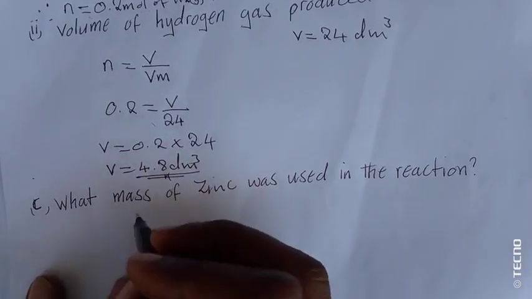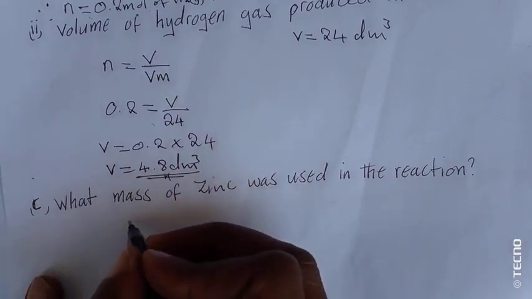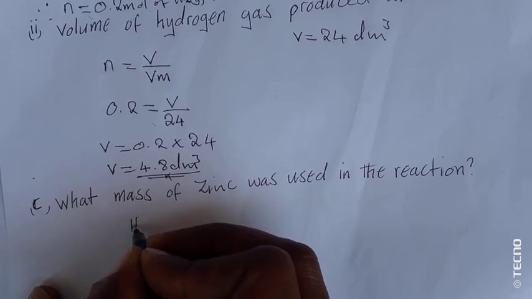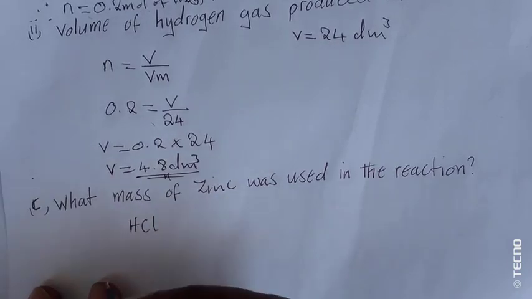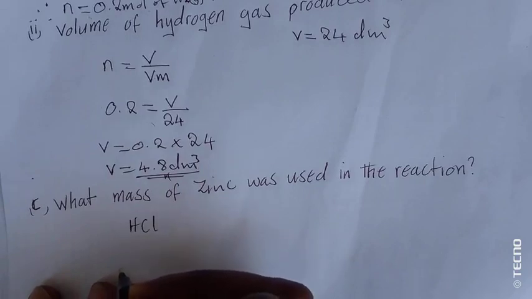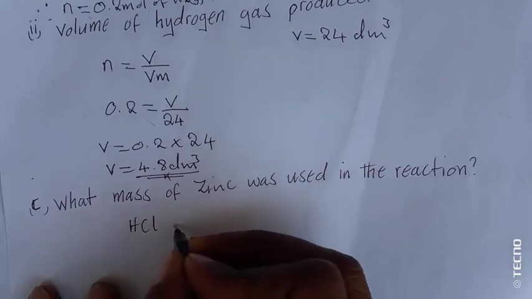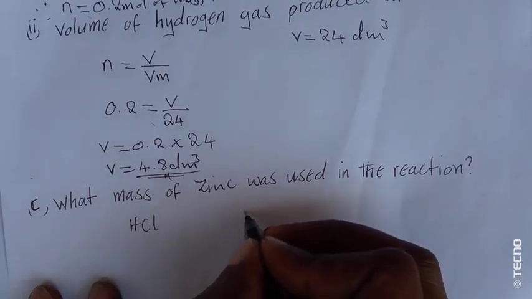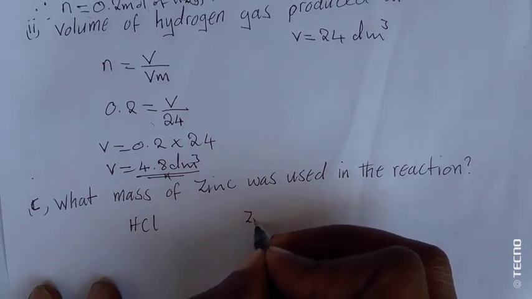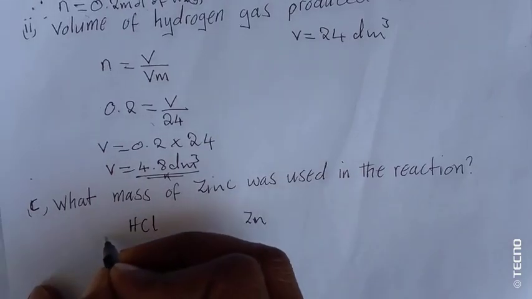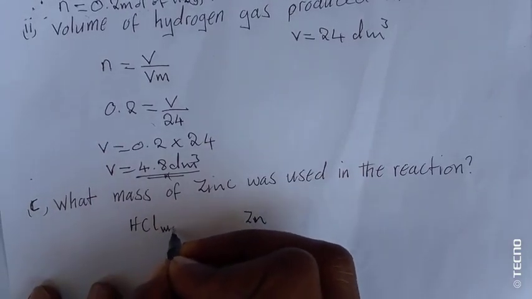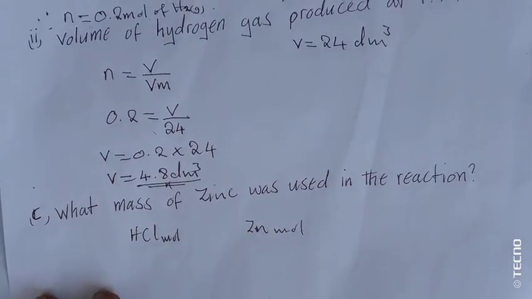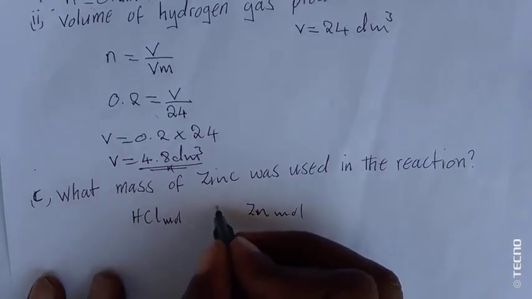So we'll say the mole of hydrochloric acid, then on this side we put zinc, so here it's moles, and there it's also moles. So it's a ratio.